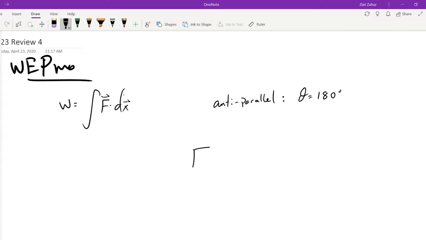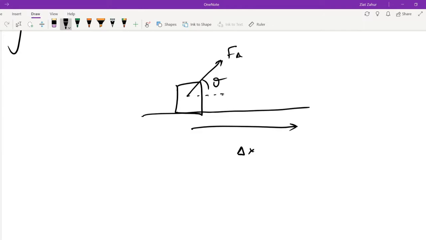So if I have a force, and using this applied force we can move it some delta x amount to the right, and of course we can say that the angle between the applied force and the displacement vector d is theta, so that's why we take Fa times x times cosine of theta.